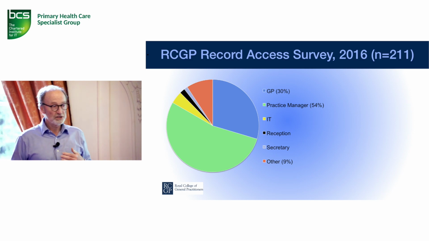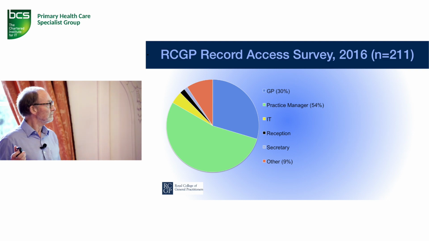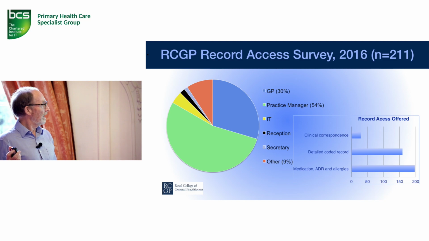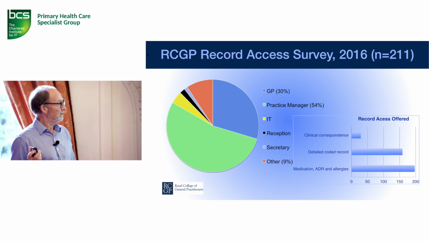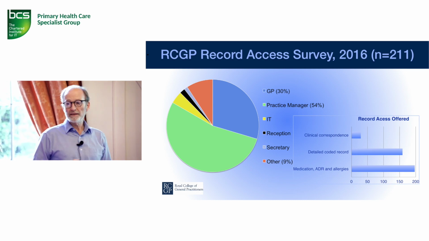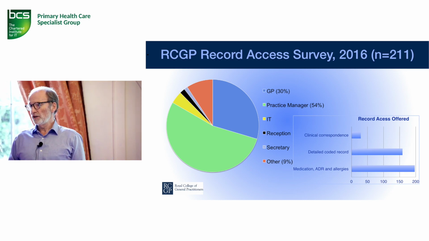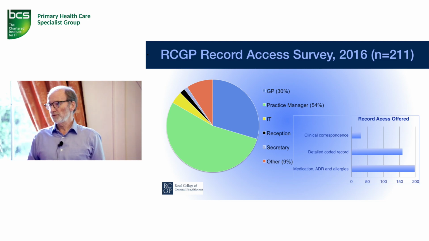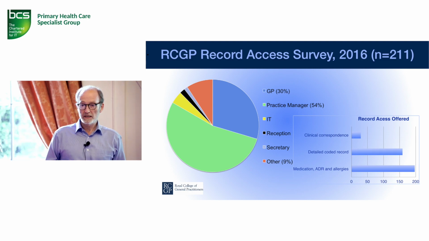Most of them practice managers, but actually a pretty good number of GPs and very, very few, almost no nurses. And this was the record access that they were offering. The bottom line there, medication and ADRs, that's the early summary information that was asked for before the contract said record access.